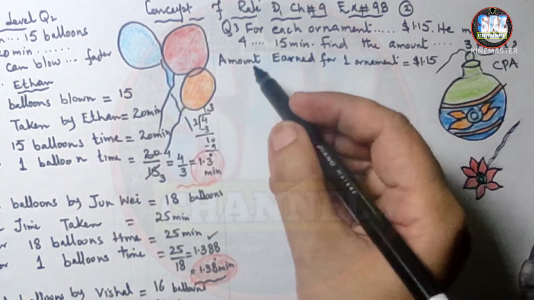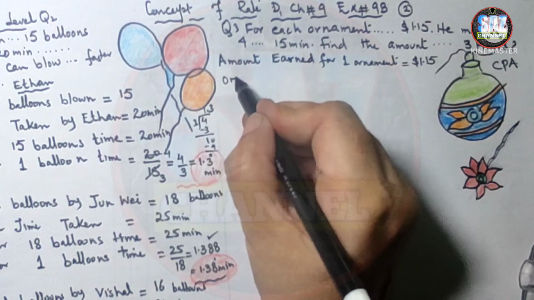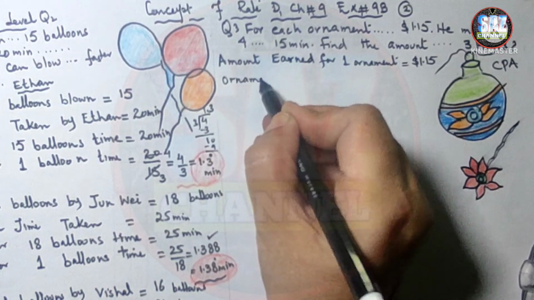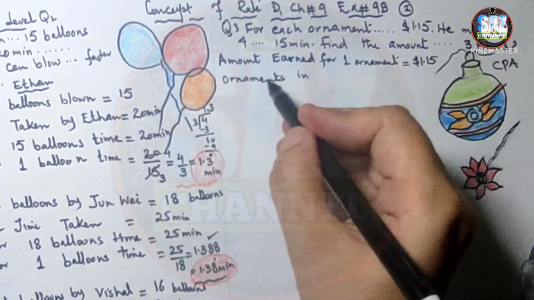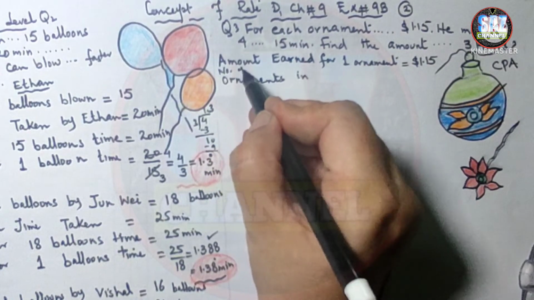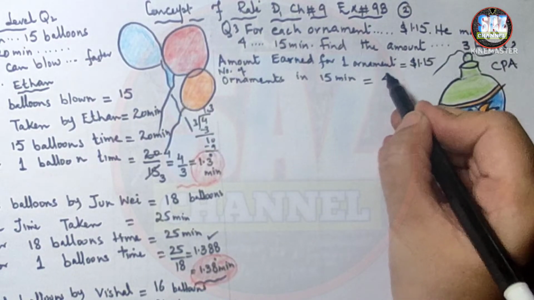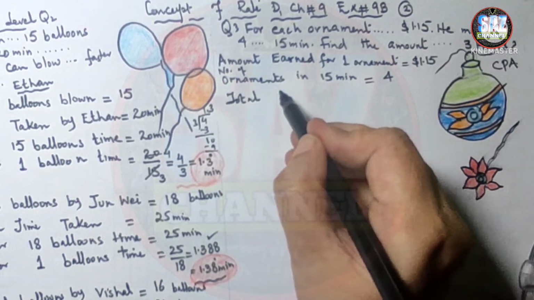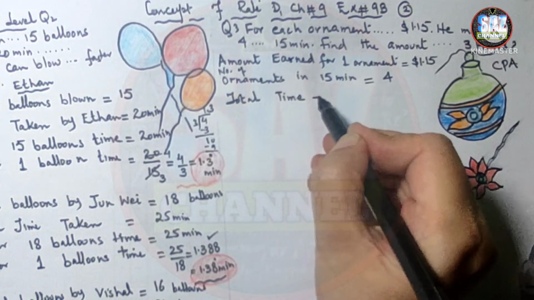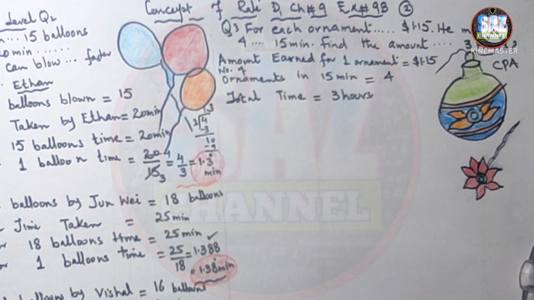We are given that the number of ornaments made in 15 minutes is 4. The total time given is 3 hours. First of all, we need to understand how many ornaments he is making in 1 hour.